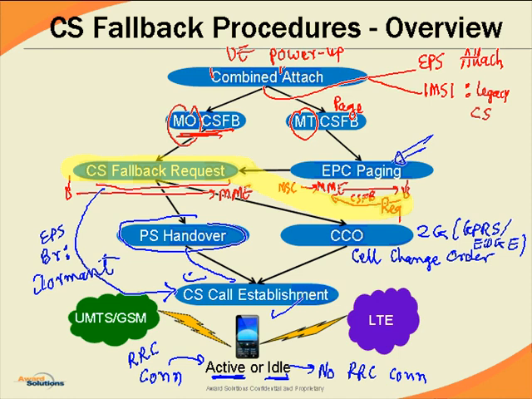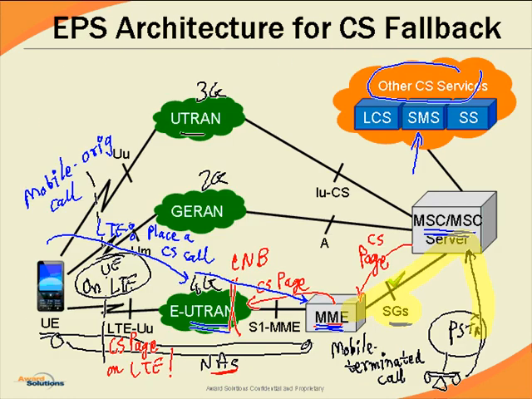So the circuit switch fallback request, let me go back to that just to make sure we have the same understanding. Here I am mentioning that the UE is on LTE, so it tells the LTE network that I want to make a CS call. So we are just informing the network that we are trying to make a voice call.